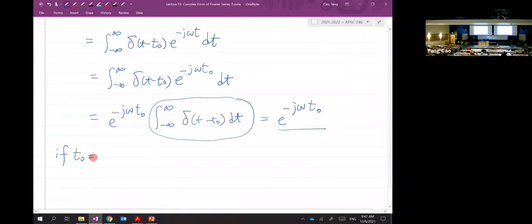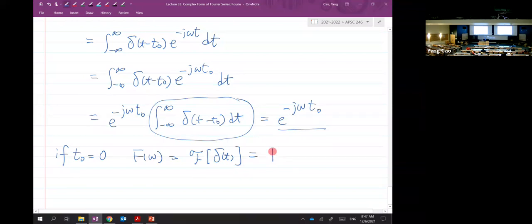If t naught equals 0, then this F of omega just becomes the Laplace transform of delta t. So you plug t naught equals 0 into this function, and you get 1.